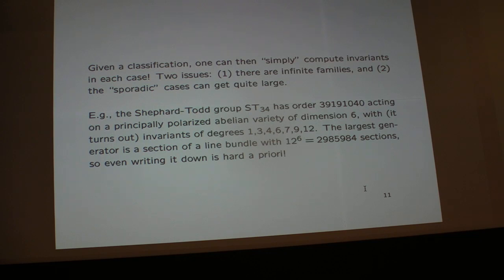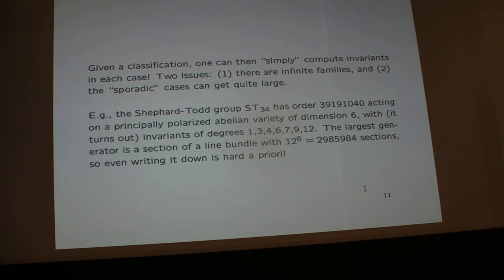And, well, once you do the calculation, you find that the largest invariant has degree 12, and the number of sections of that line bundle that contain this guy is 2.9 million. So even just writing the thing down looks annoyingly hard.